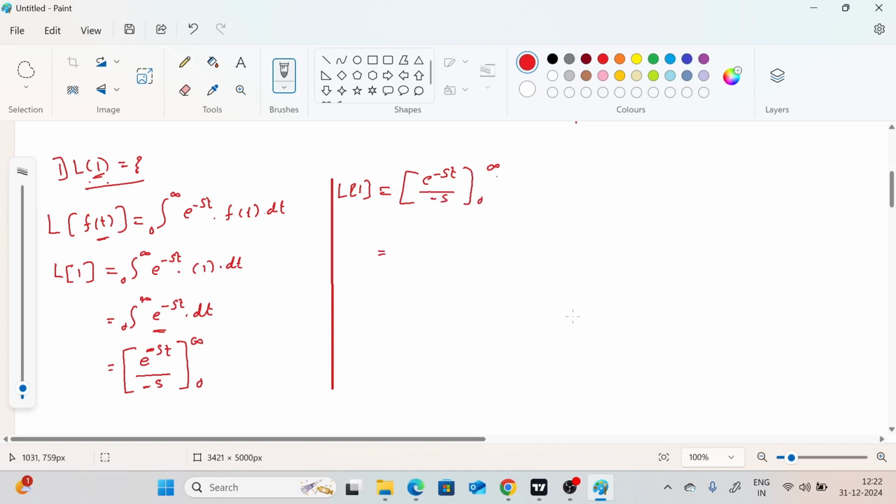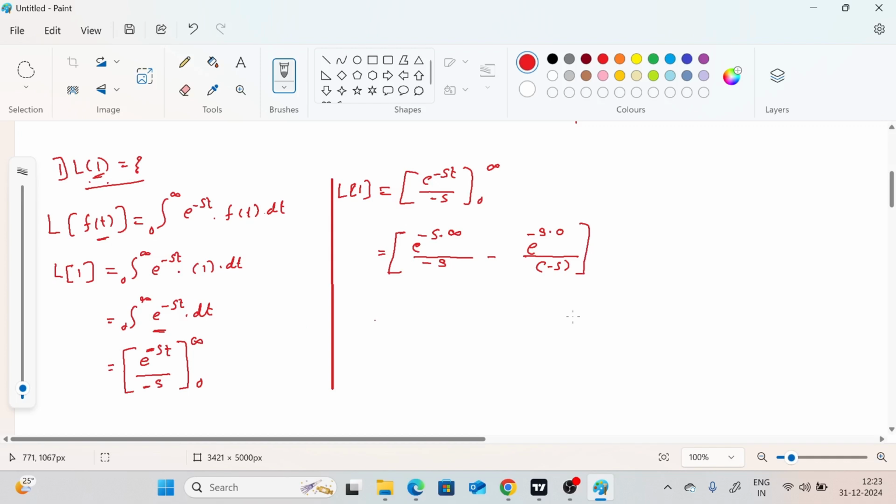Now we will put this limit in this equation: e raised to minus s into t, upon s, minus e raised to minus s into 0, upon minus s.